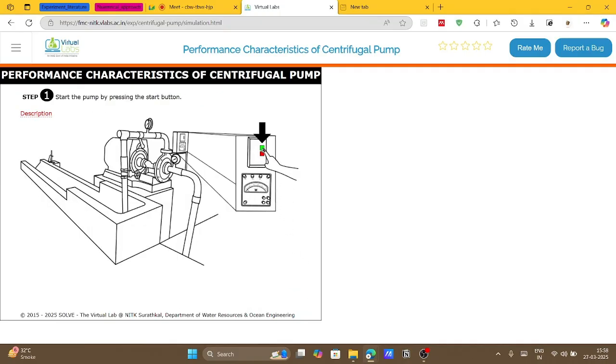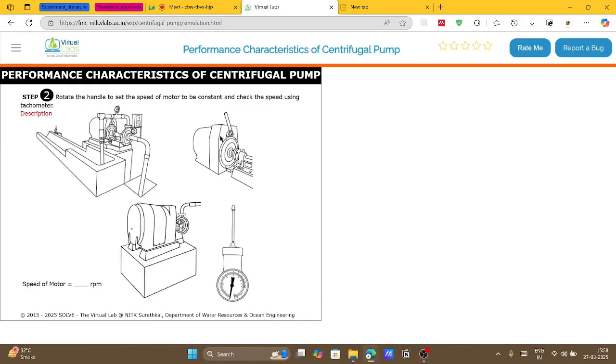So the experiment begins. You start the pump. Adjust the speed of the motor. You can use the tachometer to note down the RPM of your motor also.